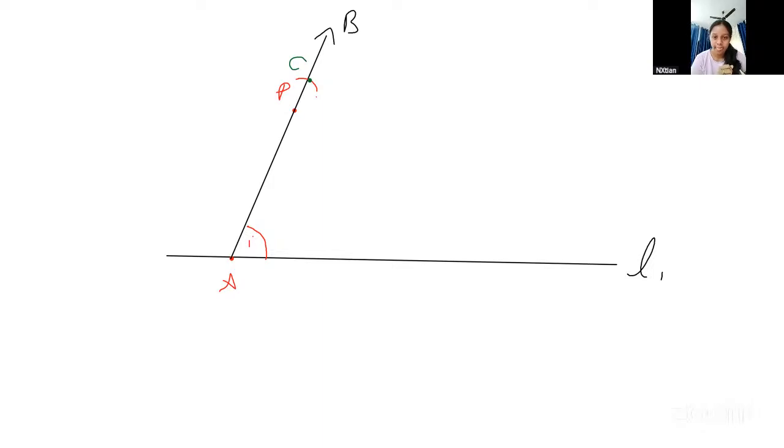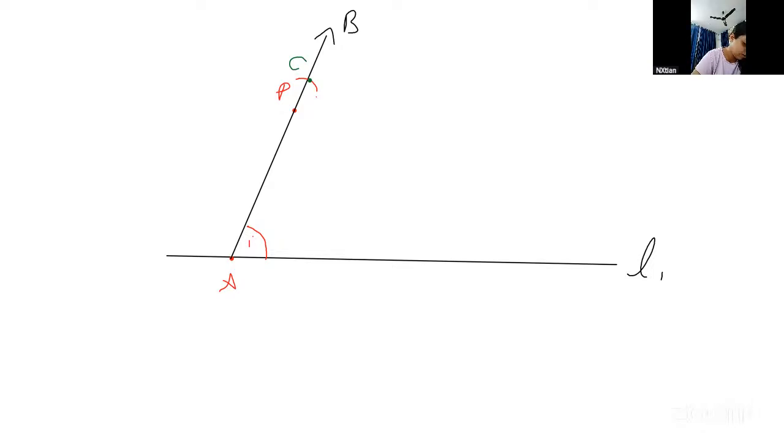Okay, 1 second. From C, from this C, you cut an arc here.